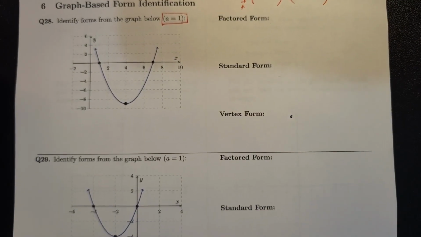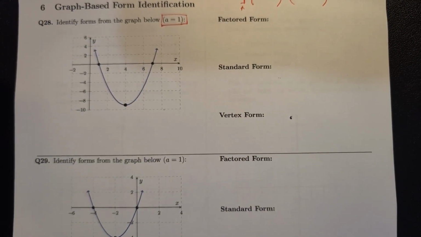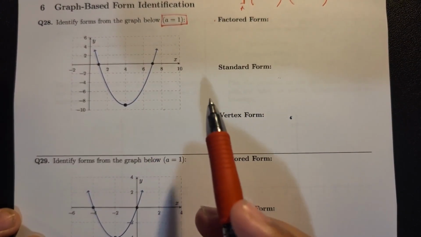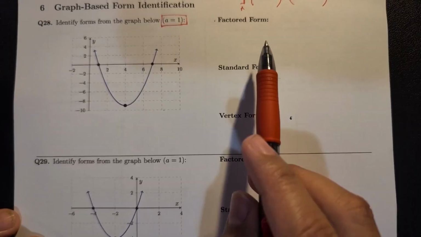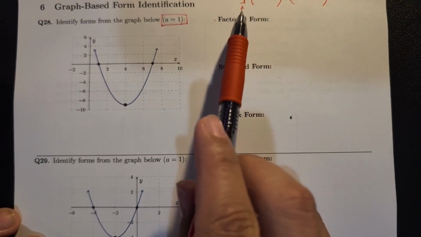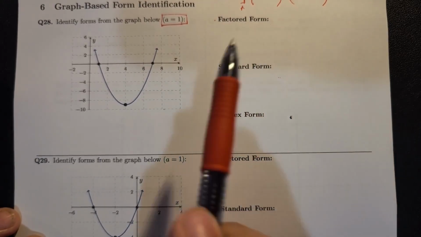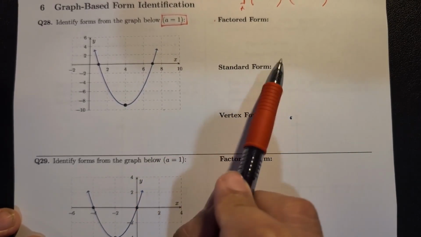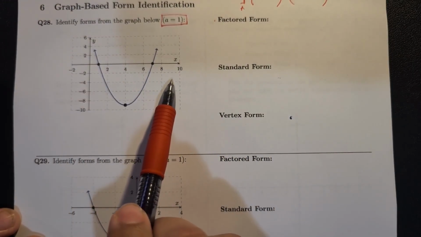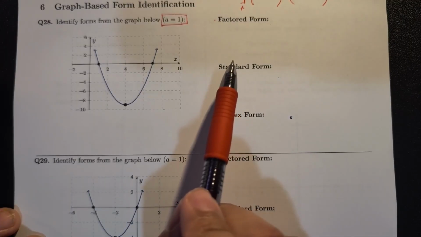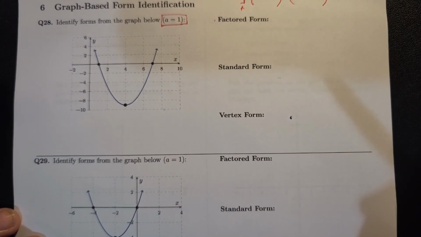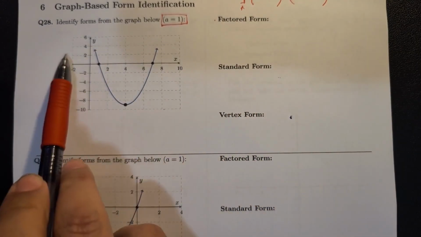In factored form, well, before I move on, I want you to write this in both factored form and vertex form. Do not start with standard form. This is the hardest one to figure out from just a graph, because we don't even have the y-intercept, and plus it's just super hard to find information.